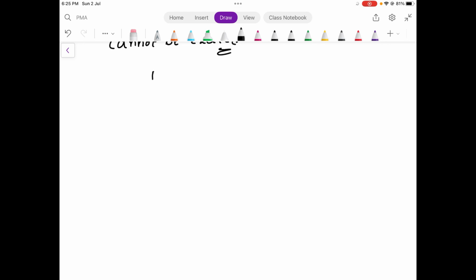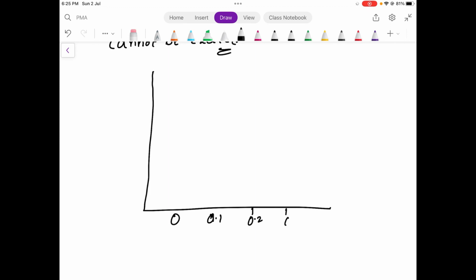We'll see a graph. This is a graph. Here is the time, 0.1, 0.2 and 0.3. These are milliseconds. Here we have potential. This is minus 90. This is minus 55. This is 0.